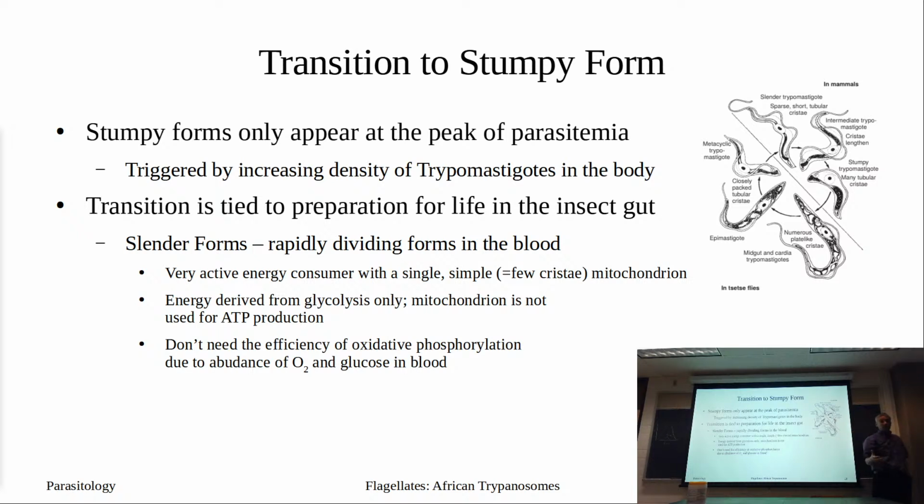So what's that trigger? Well, we know it's a density. Is it something with the parasite or is it something with the host? I don't know. I would guess it has something to do with the host. Because once you start getting these high numbers, the host immune system takes off. And as we're going to see, this drop here is due to the immune system.